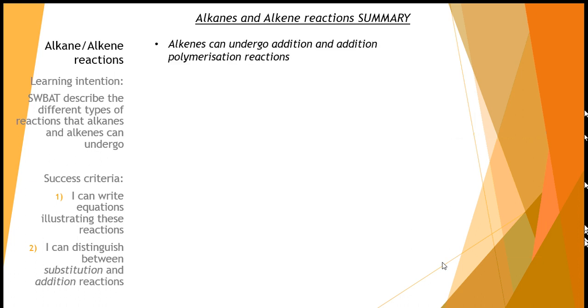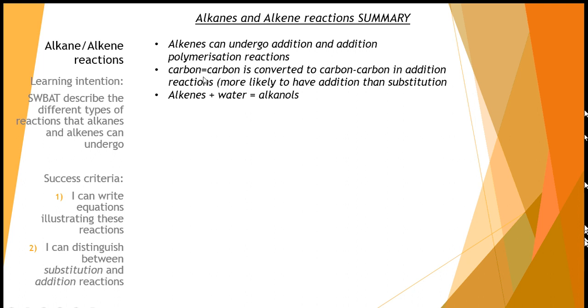Now we're looking at alkenes. The summary is this. Alkenes can undergo addition and addition polymerization reactions. And the double bonded carbon here is converted into a single carbon bond here. And when the bond breaks, that's where those pieces add. It can be a functional group, or it can be just another single atom.